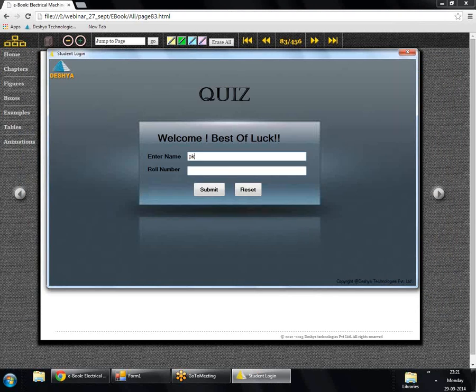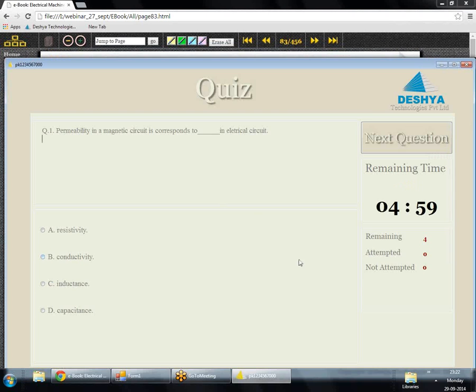So let's say I enter the student's name, which happens to be me, and I enter some roll number here, and submit it. And you see the quiz starts. In the right pane, we see how much time is remaining and how many questions are to be answered.